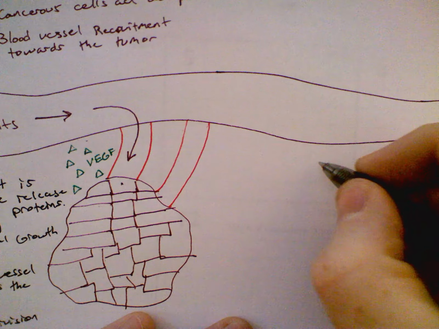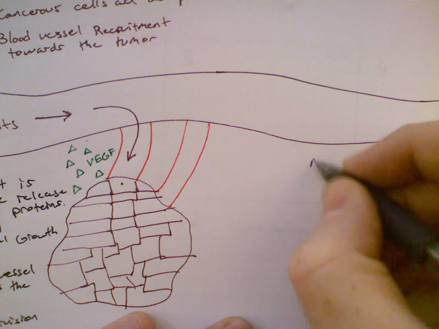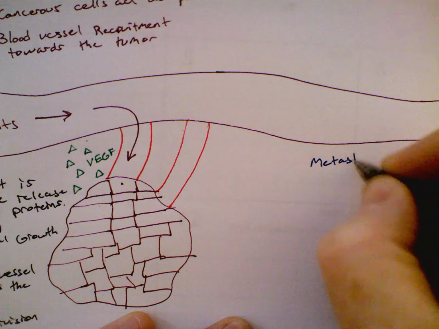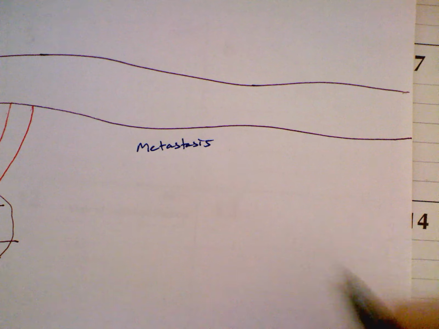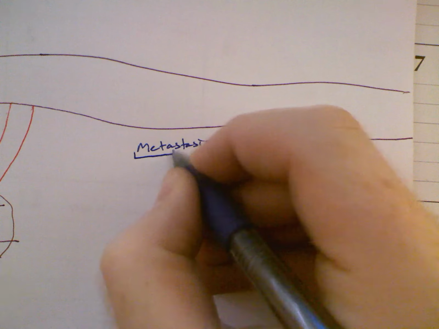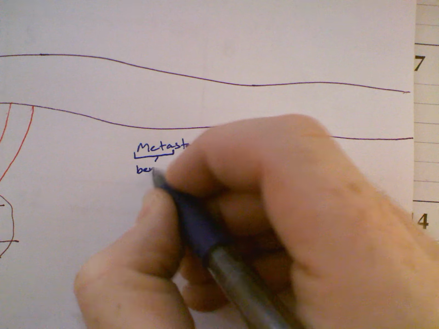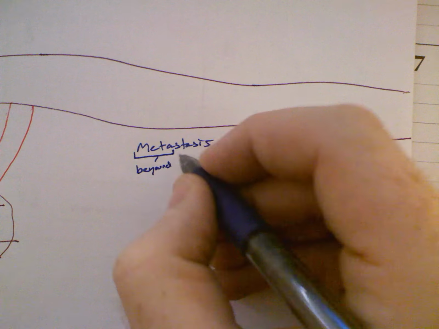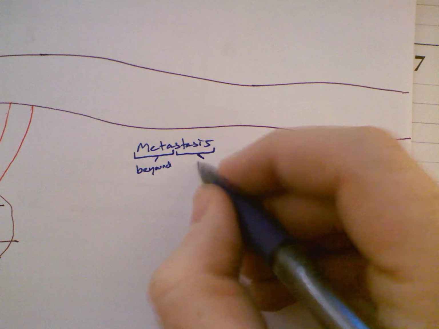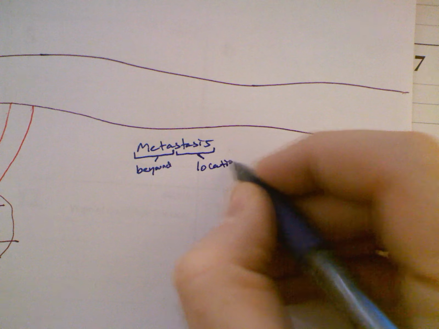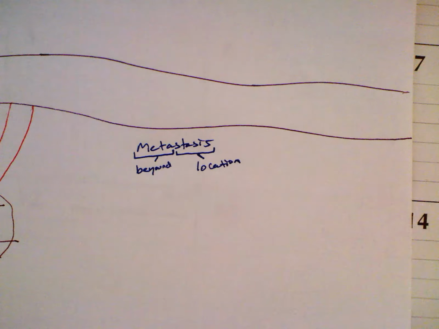All right, we'll do this one over here. So meta means beyond. Stasis means location. So metastasis means that something has gone beyond its location, essentially.